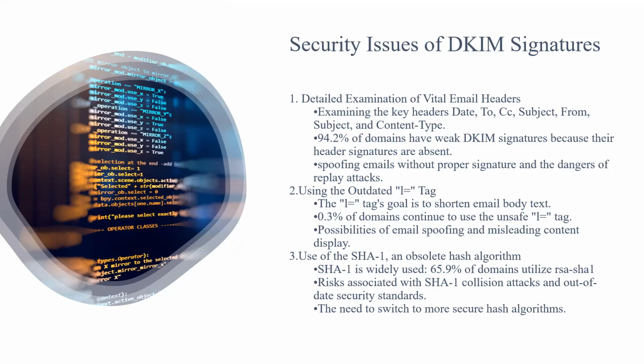The risk associated with SHA-1 collision attacks is that it is out of date, like the old security standards, and it cannot withstand the latest attacks. They need to switch to more secure hash algorithms in order to defend themselves and reduce the security issues of its signatures.